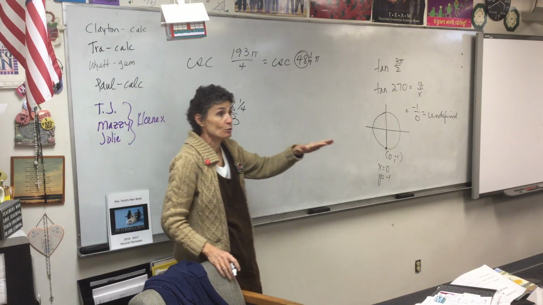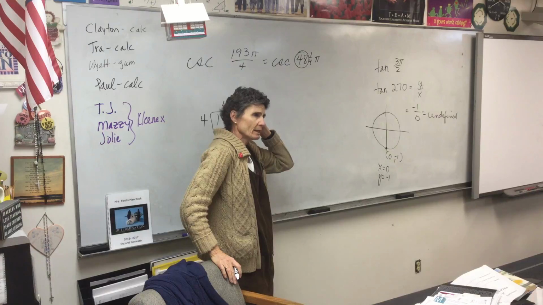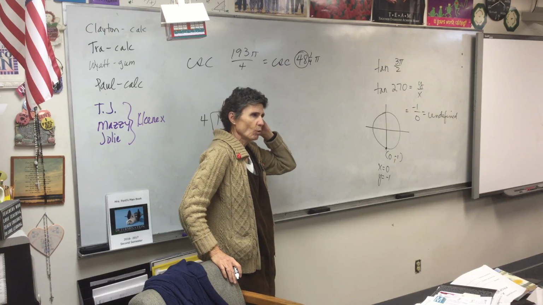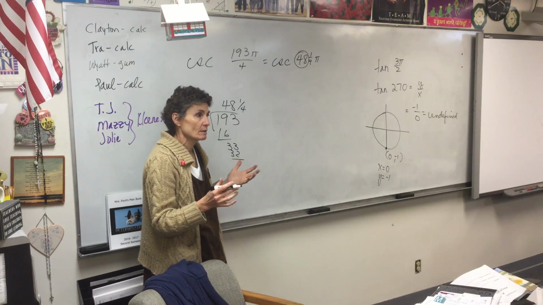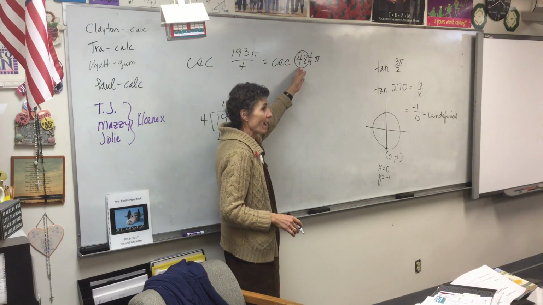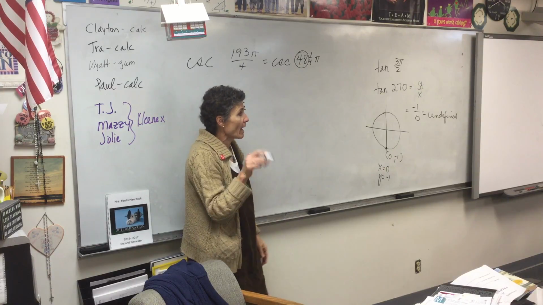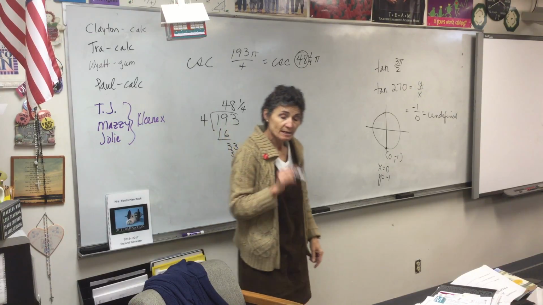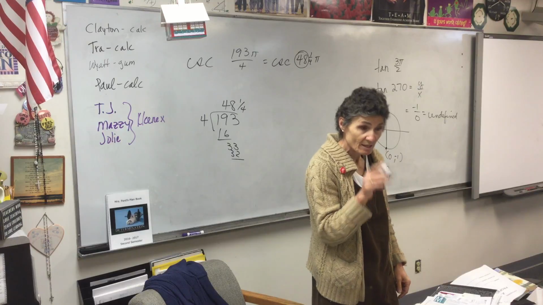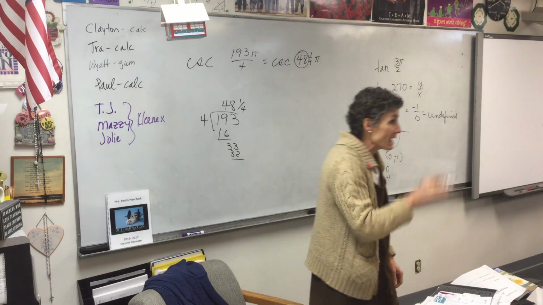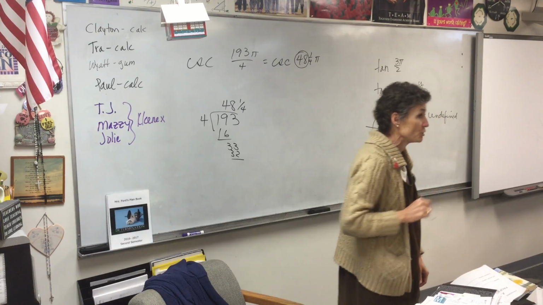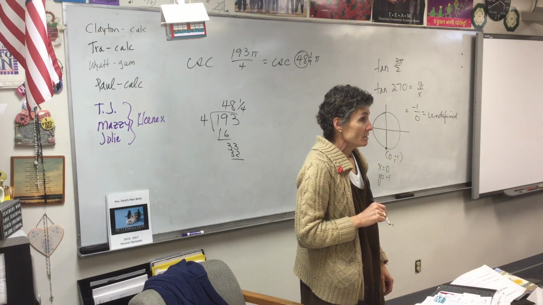I know it's huge, but really, what's 48 pi? It's 24 revolutions. So if I said I wanted to graph this, I would go around 24 times. Now why is it 24 revolutions? Because a revolution is 2 pi. So 48 pi would be 24 2 pis. Agreed?